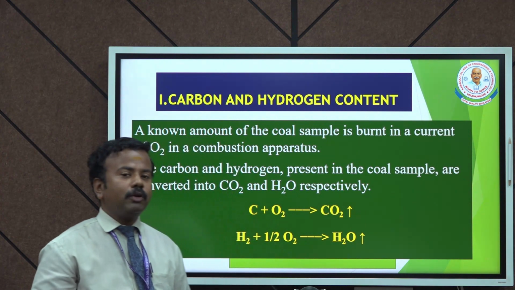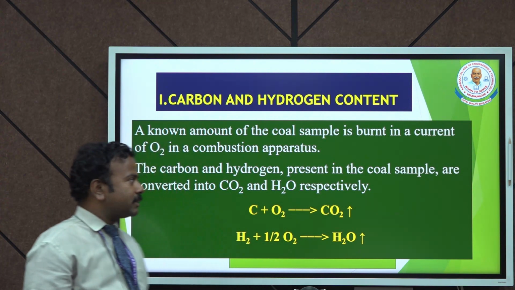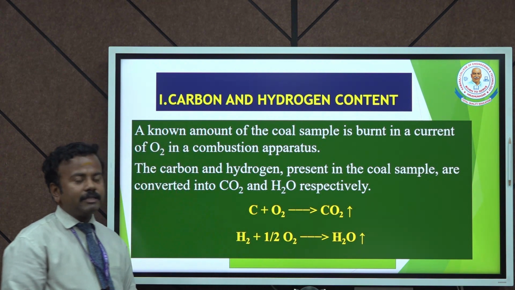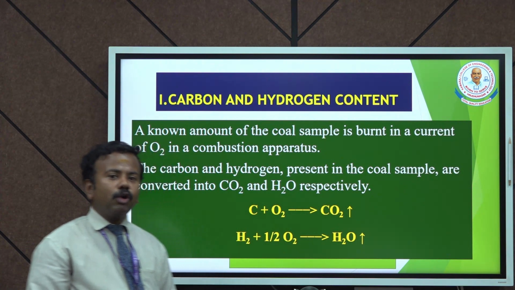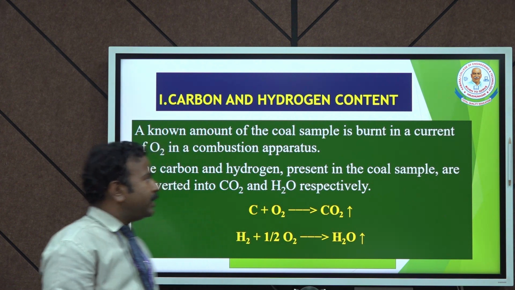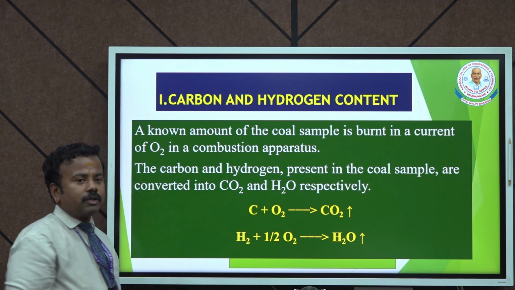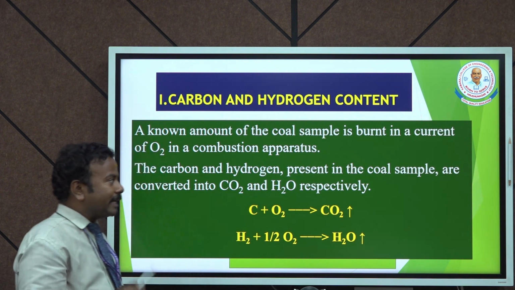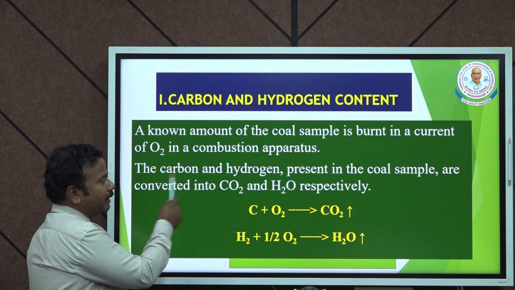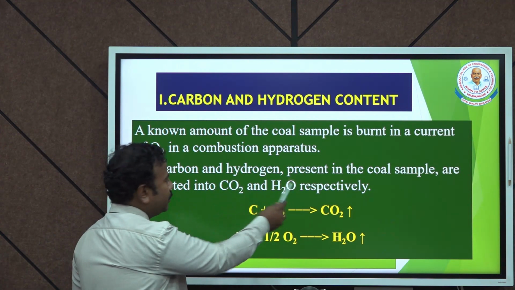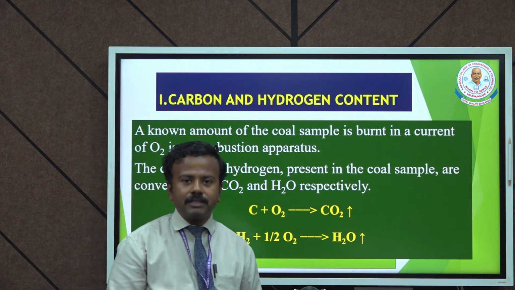How do we analyze the carbon and hydrogen content by the ultimate analysis method? It can be analyzed by the combustion apparatus method. Here a known amount of the coal sample is taken and burnt in a current of oxygen. The carbon and hydrogen present in the coal sample are converted into carbon dioxide and water vapors respectively.